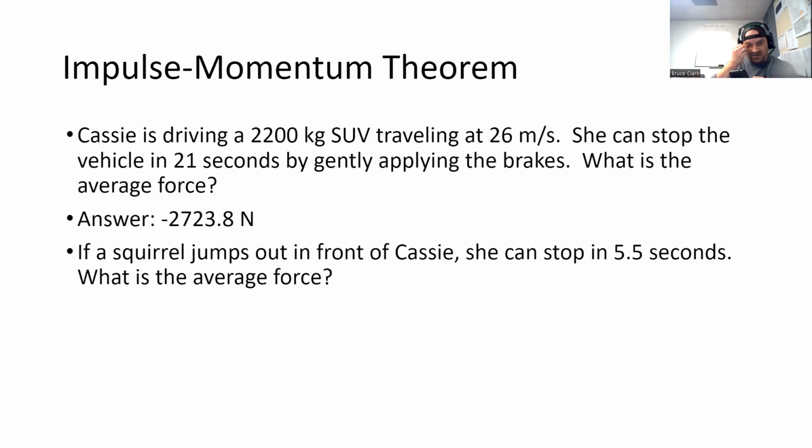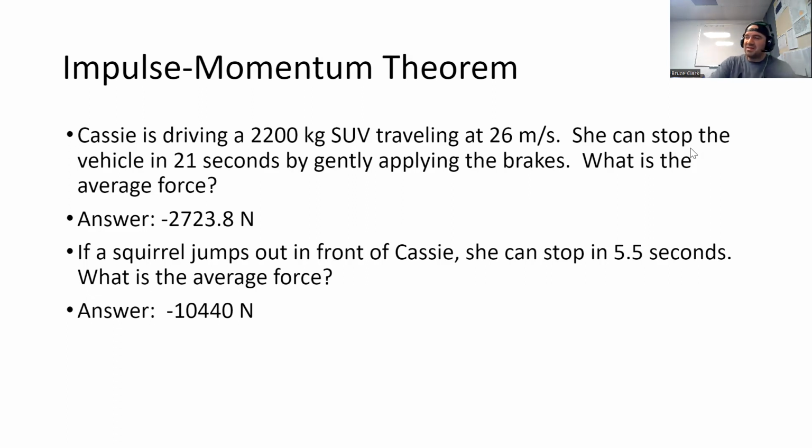Next question. If she does the exact same thing, but instead of stopping over 21 seconds, she stops over 5.5 seconds, instead of dividing by 21, we're going to divide by 5.5, and we find out that she needs to apply roughly 4 times the amount of force in order to stop 4 times faster.